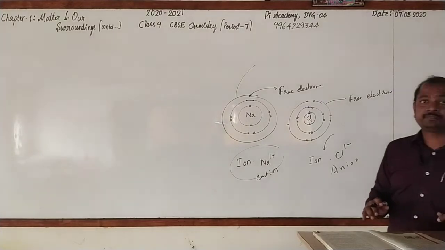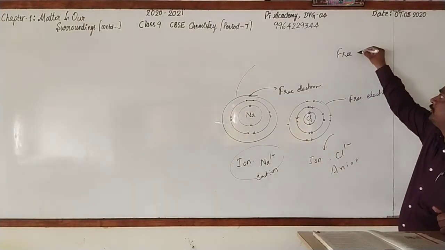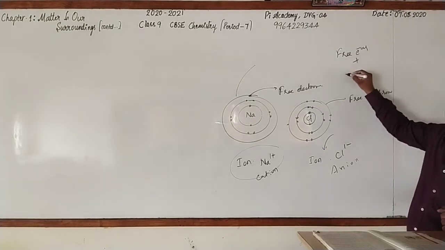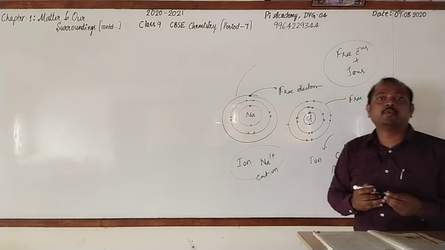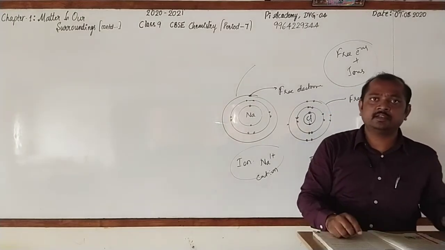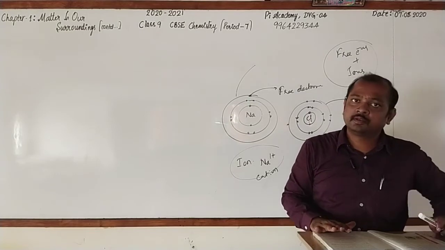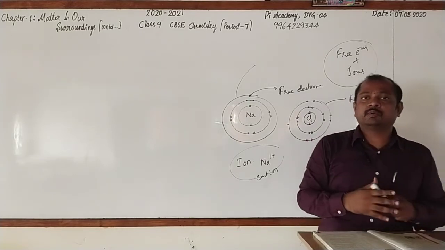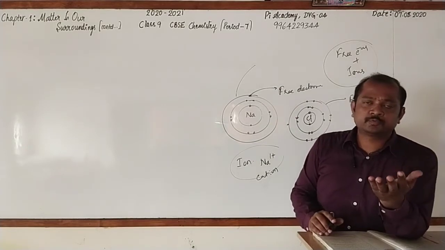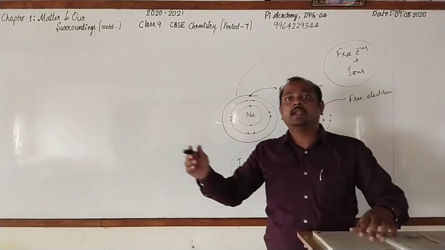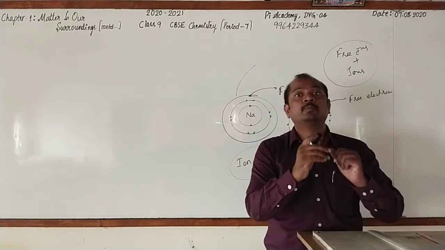Like this, if there is a mixture of free electrons and ions, then a fourth state of matter exists, and we call this plasma. Clear? Take the neon gas or helium gas in a fluorescent tube I told you about. When electricity is passed through it, the atoms are broken up.